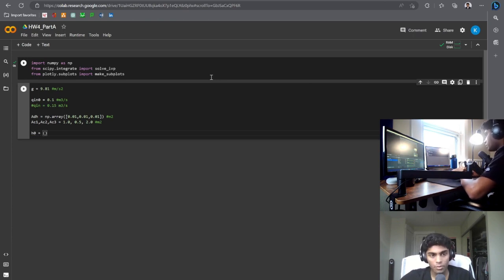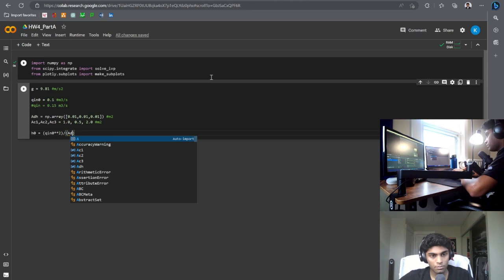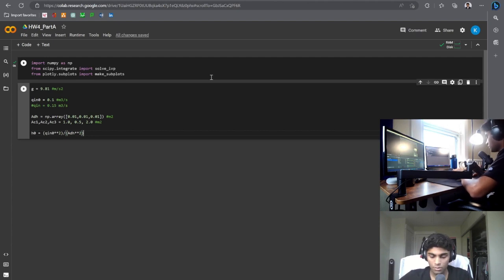And that's going to be equal to q in initial squared. Put that inside. Divided by the area of the drainage hole squared times 2g.